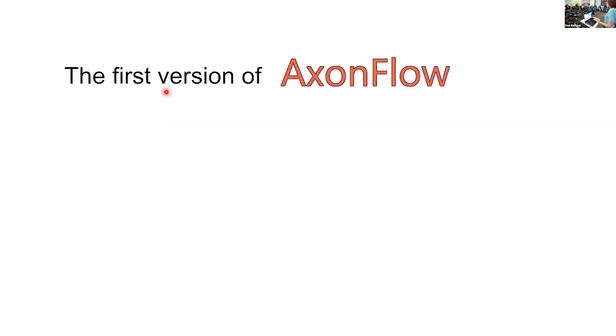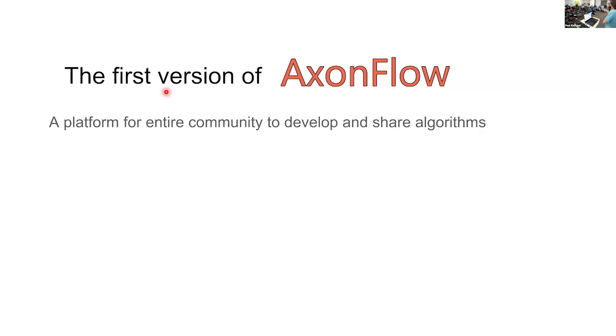So what you will be seeing, this first version of AxonFlow, is on vision, video, and especially event-based vision. It should be a platform for the entire community to develop and share algorithms. What's the issue right now with event vision for others outside the community?